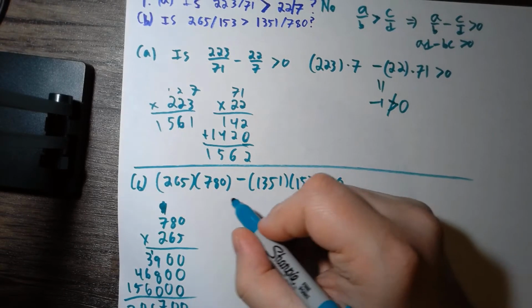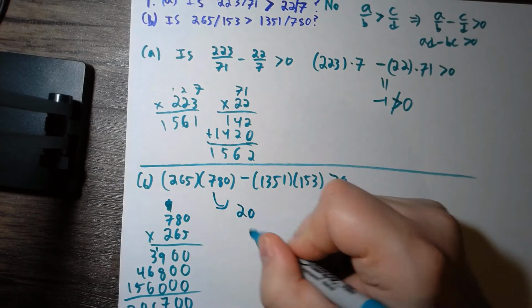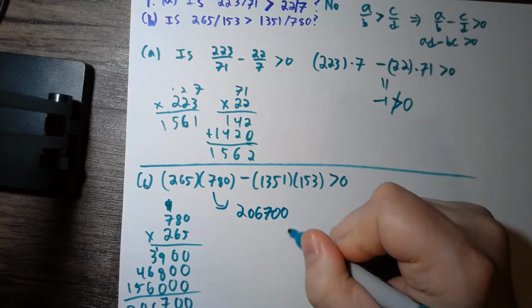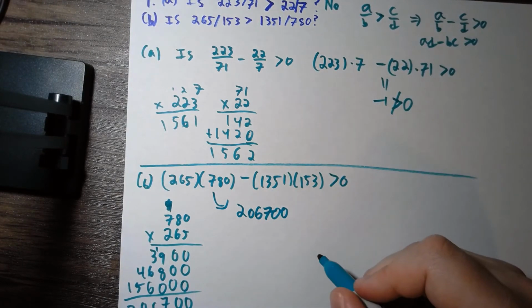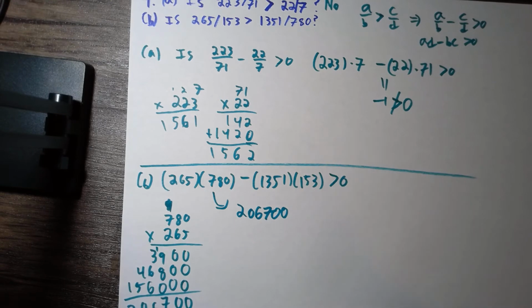So this first number is going to be this, and now let's multiply the second one.